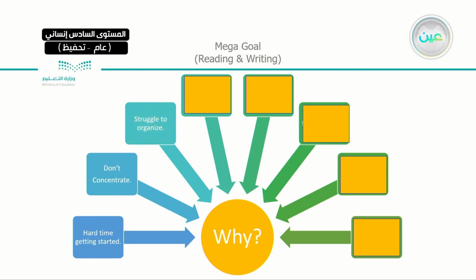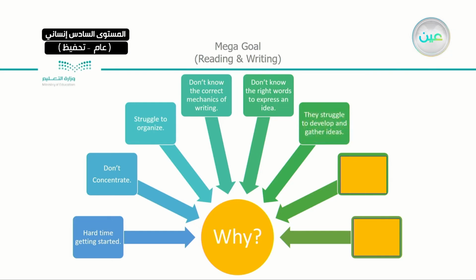Some students struggle to organize the writing paragraphs. Some don't know the correct mechanics of writing. They do not know exactly what they are doing. They don't know the right words to express an idea. Some students struggle to develop and gather ideas from the start.